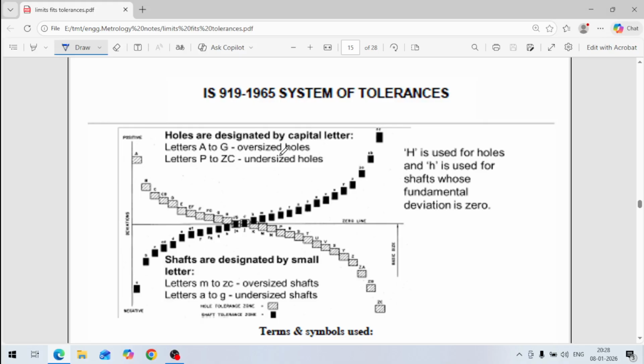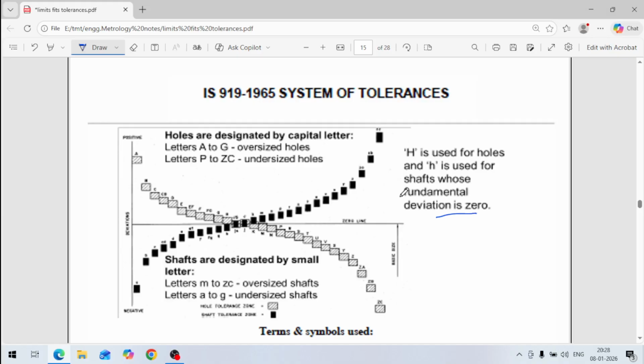So A to G. And H is used for hole, and small h is used for shaft whose fundamental deviation is 0. For H, this fundamental deviation is 0. So that means for H, deviation is plus 0 and plus say 10 micron, 20 micron, whatever. It is on the plus side, and for shaft minus 0, minus 10, 20, 30 micron, like that.